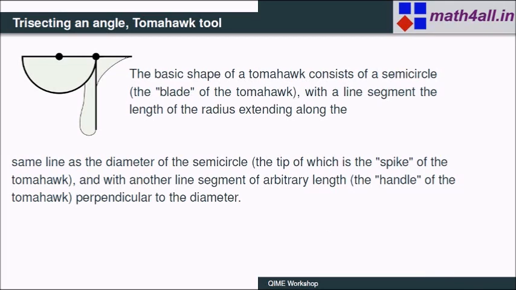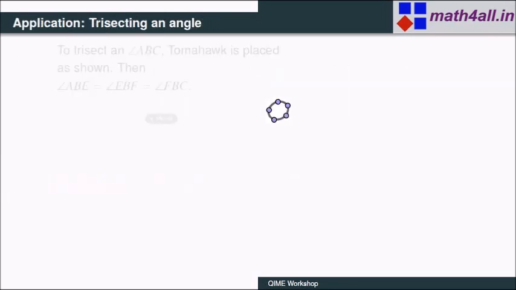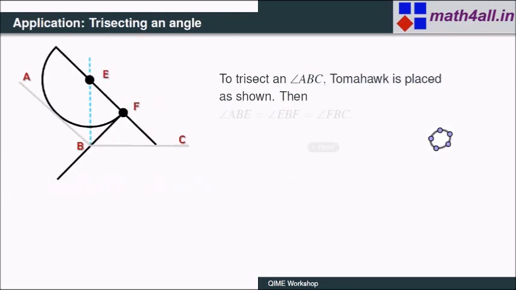So how is it used in trisecting an angle? Let us just look at it. If ABC is an angle which you want to trisect, then you put that tomahawk, that handle, at the base of the angle ABC, and if you join the center of the semicircle, which is marked on the tomahawk, vertically, then one angle is ABE, the other is EBF, and the third is FBC.